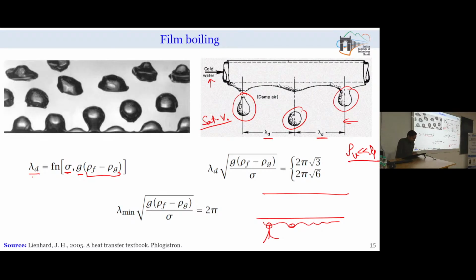If I perform the dimensionless analysis, I will find that lambda d into the square root of g (rho f minus rho g) by sigma becomes equal to some constant. Typically the value of this constant is observed to be 2 pi root 3 for one dimensional waves, and 2 pi by root 6 for two dimensional waves.